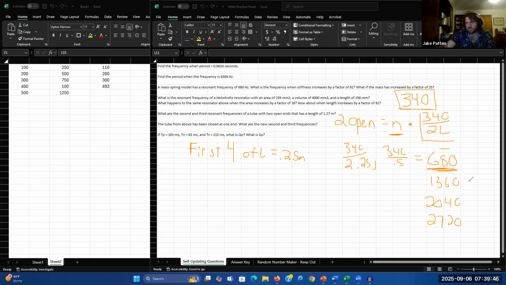And so there's the first 4 harmonics of the tube that's closed at, what did I just do? The tube that's closed at no ends. It's open at both ends. Okay, so then you close the tube.